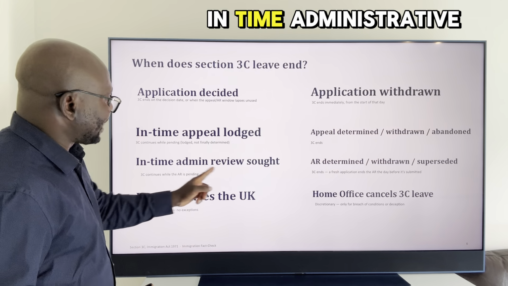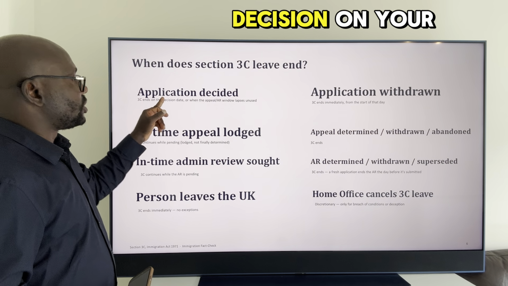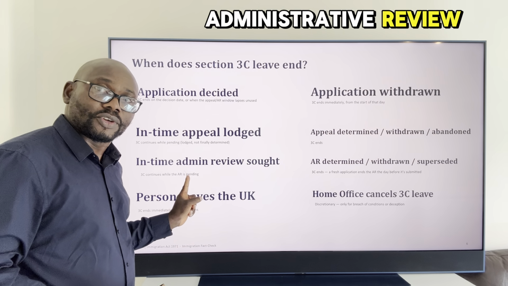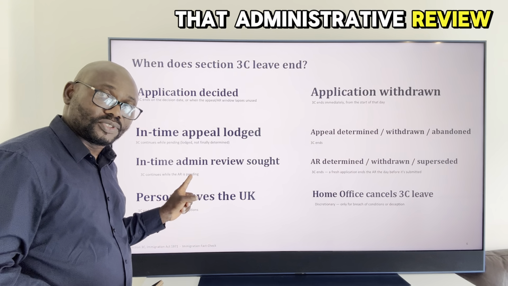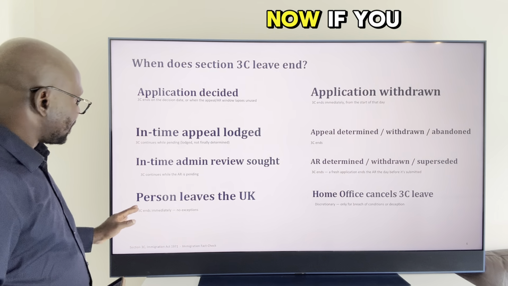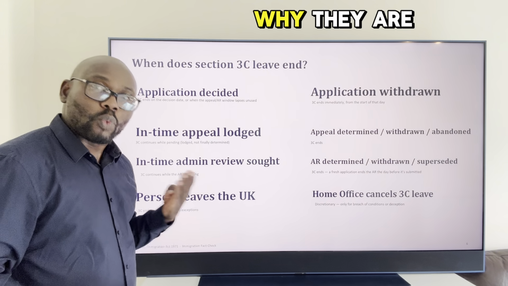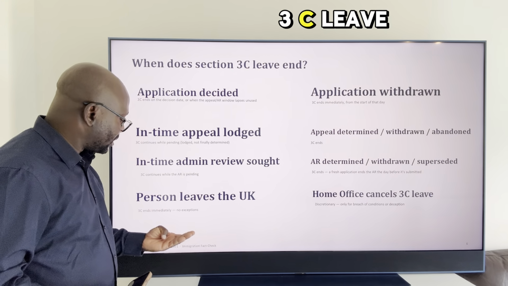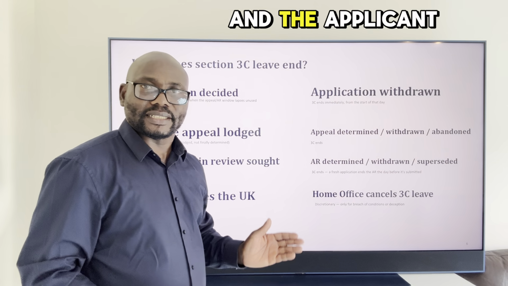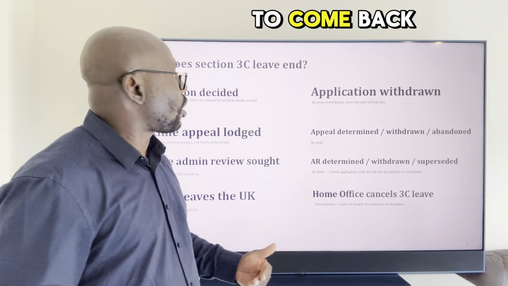When an in-time administrative review is sought, if the decision on your application was a refusal and you have the right to administrative review and you submit that administrative review application in time, your Section 3C leave will continue. Now, if the applicant leaves the UK while they are on Section 3C leave, their Section 3C leave will expire automatically and the applicant will need to apply for a new visa from outside the UK. They will not be able to come back to the UK.